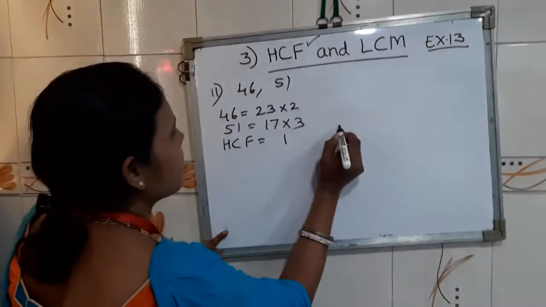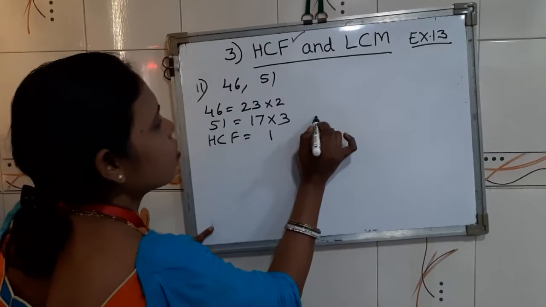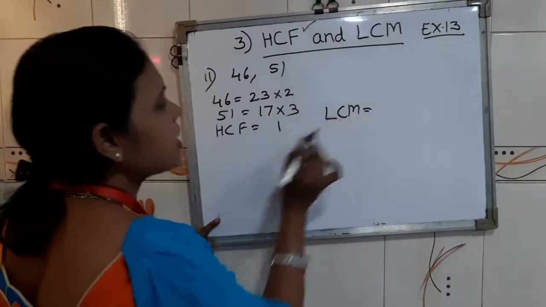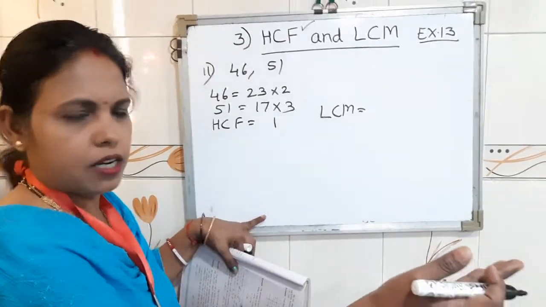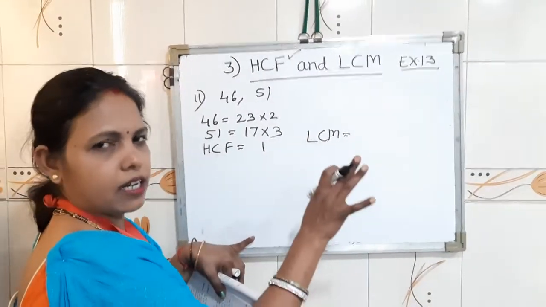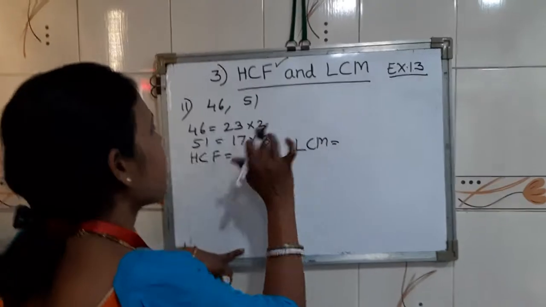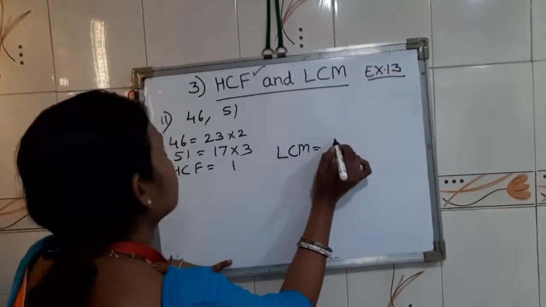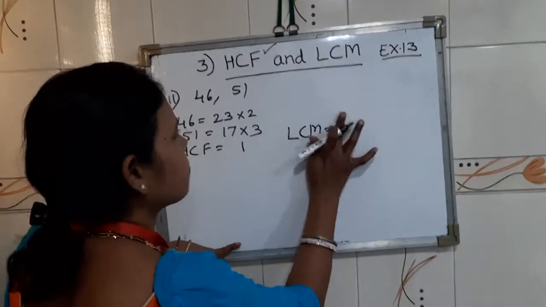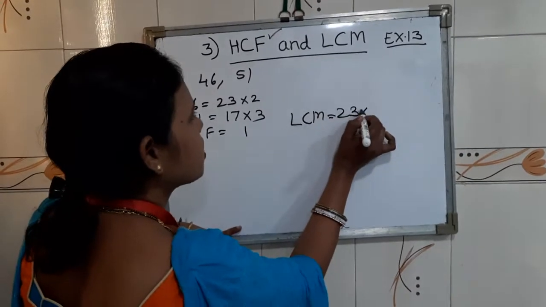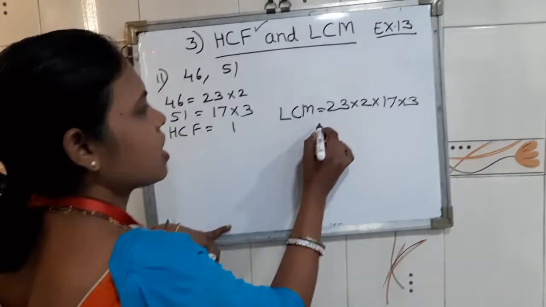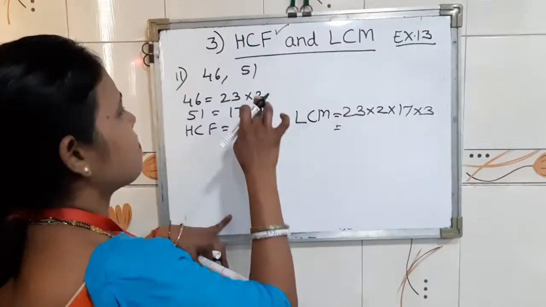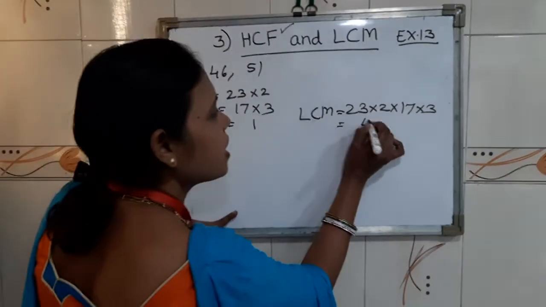Now this is LCM, or you will find out LCM. LCM is common number into remaining numbers. Common number is not there. Therefore, we will multiply all these terms. That is 46. You can directly multiply 23 into 2, 17 into 3, or you can multiply 46 into 51 directly.